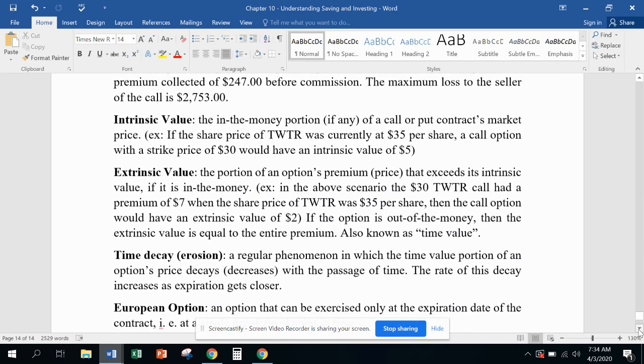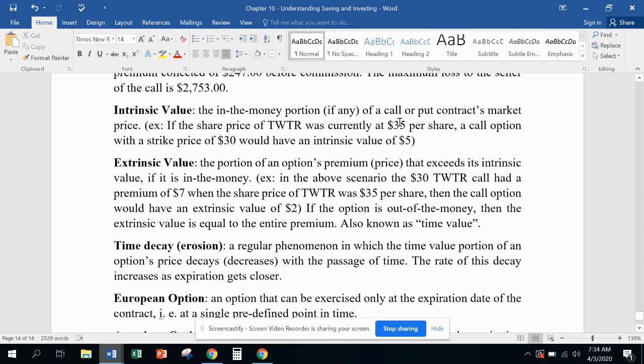Okay, now intrinsic value. Basically, what we're doing is we're taking a look at an option premium and deciding how much of it is intrinsic or in the money, and how much is extrinsic. And we'll do a little bit of the definitions in a minute. I'm going to have to scroll back up to take a look at those option charts.